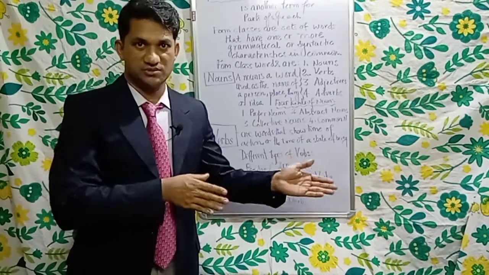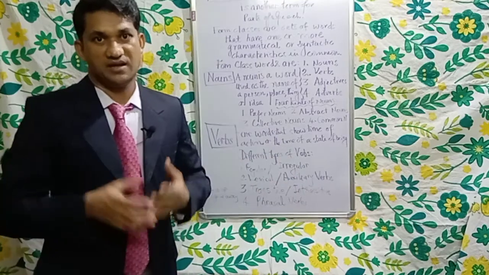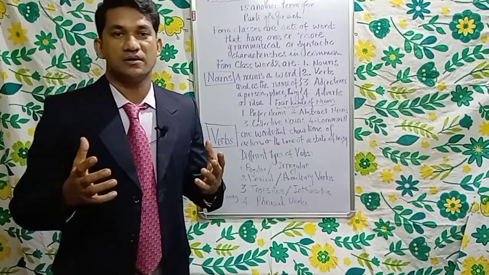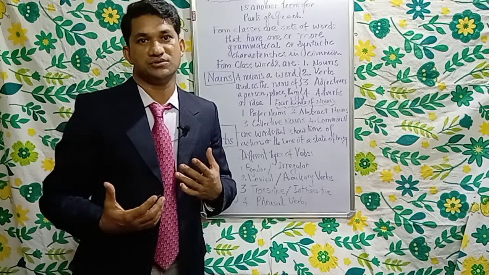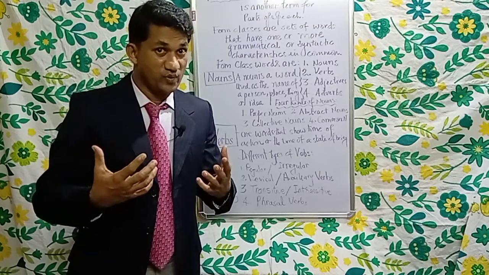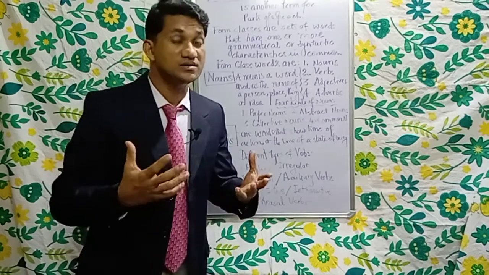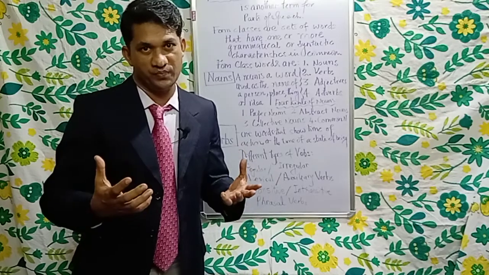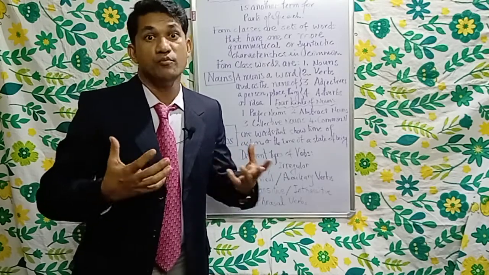So regular verbs, irregular verbs, then lexical verbs. Lexical verbs are also known as content verbs. Lexical verbs are verbs which show action, verbs which show some kind of movement.